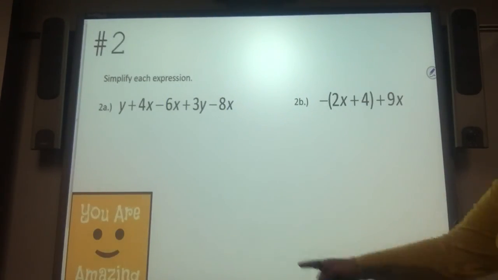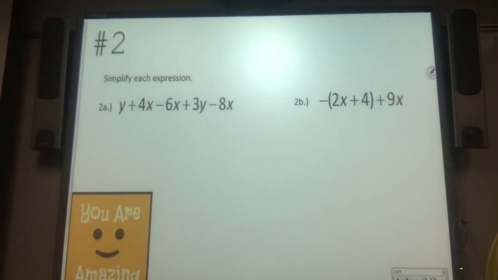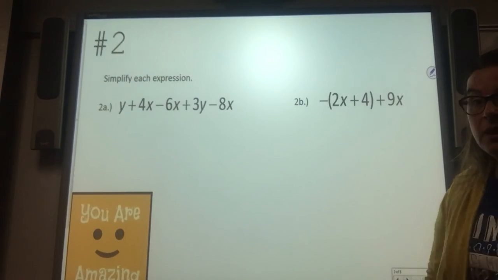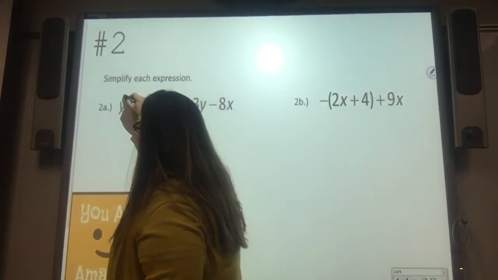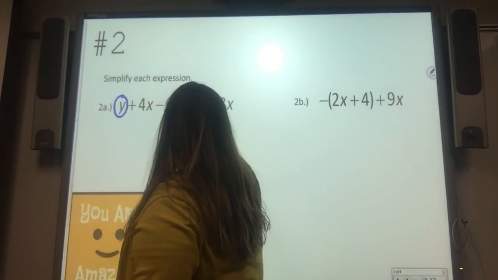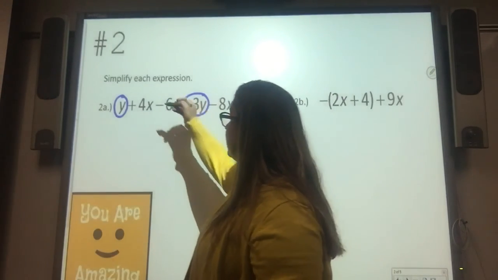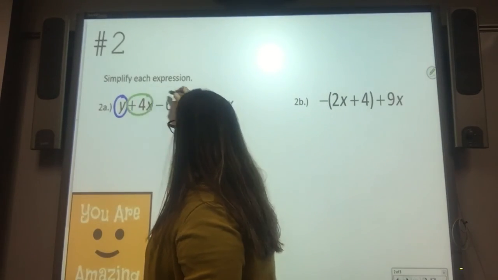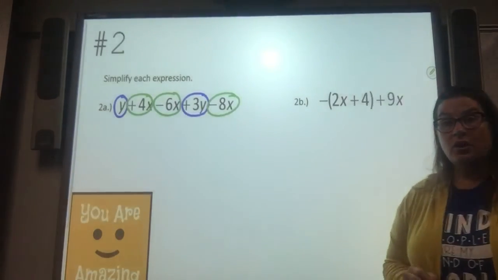All right, you are amazing, and we're going to use that amazingness when we simplify each of these expressions. Starting with the first one, I'm going to circle in blue my like y terms, and I'm going to circle in green my like x terms. All right?